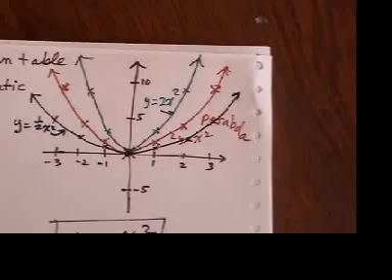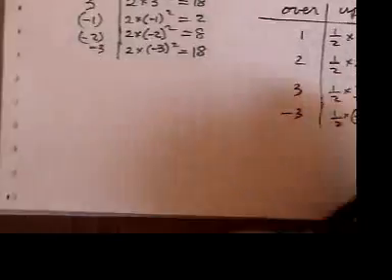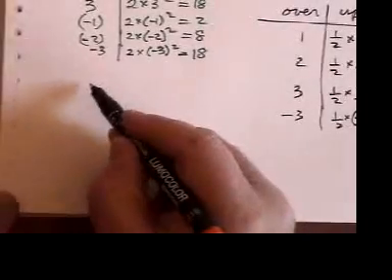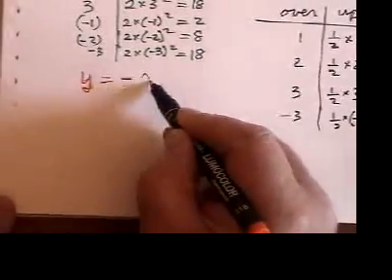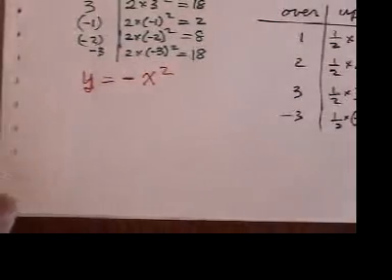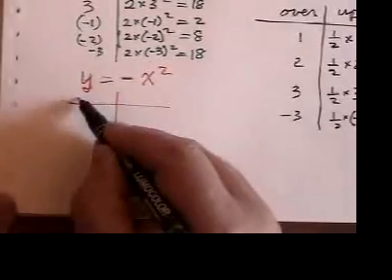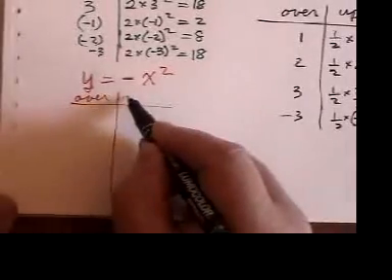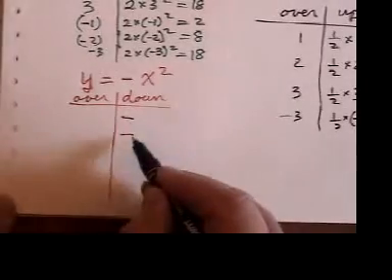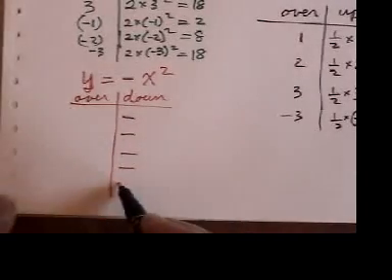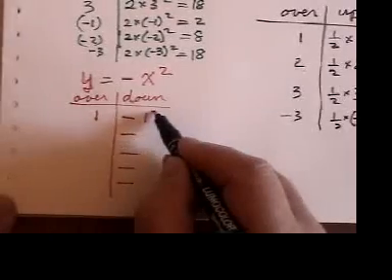Now the last one I'm going to do in orange here. Y equals negative x squared. So what happens is your over-up table becomes your over-down table now. And you're going to have a negative sign in front of each one. So if I go over 1, it'll be negative 1 squared.